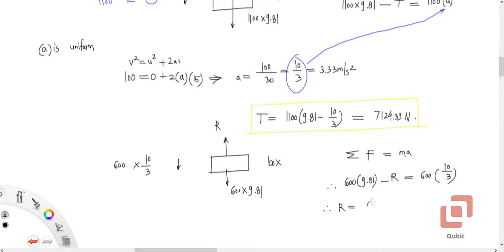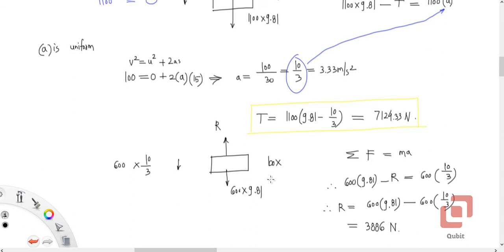Therefore, R is equal to 600 into 9.81 minus 600 into 10 by 3. So 600 into bracket 9.81 minus 10 upon 3, that is 3886. So the normal reaction offered by the surface is 3886 newtons.